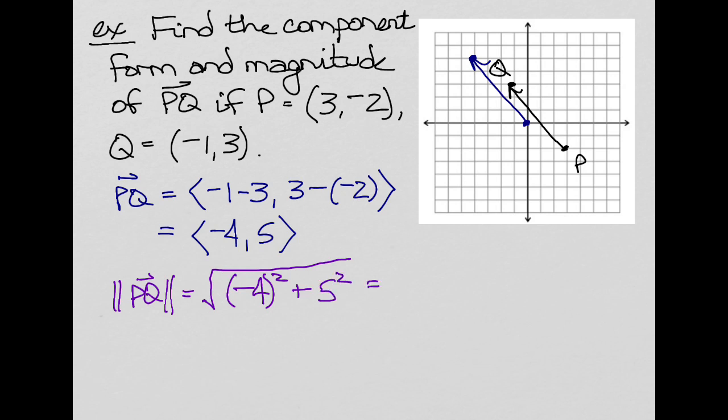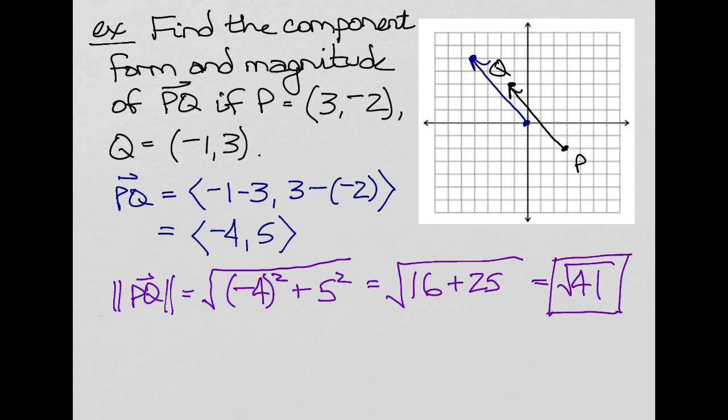So what do we got? 16 plus 25 is the square root of 41. That'll be our exact magnitude. If we want an approximation, that's somewhere between 6 and 7. So component form and magnitude of the vector PQ.